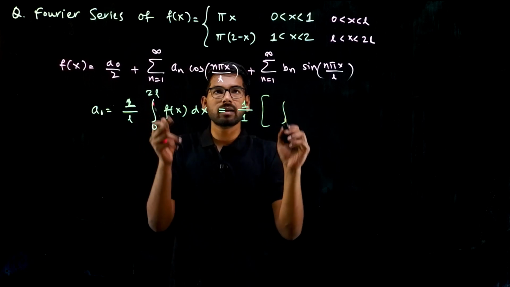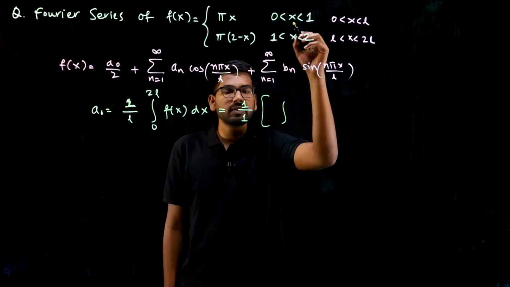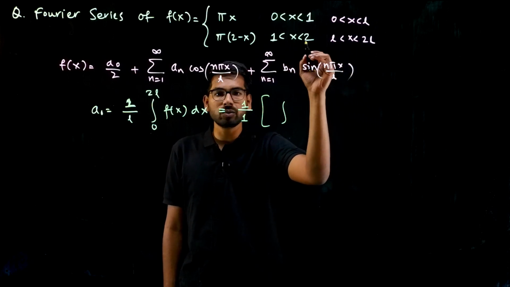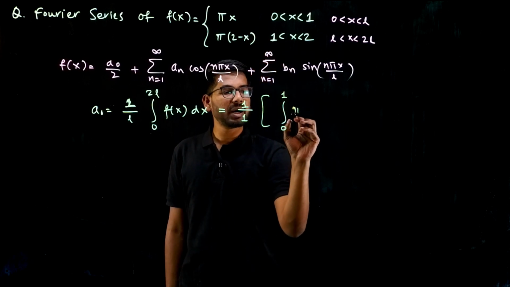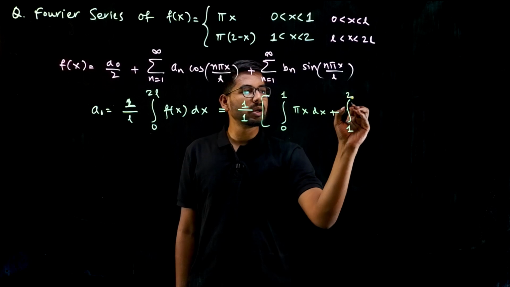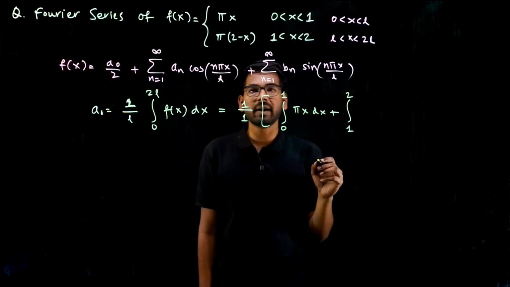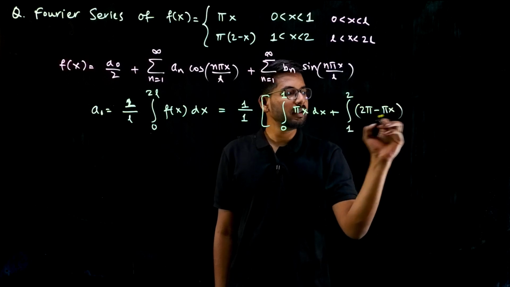The integration from 0 to 2L is split into two intervals, since f(x) is defined in two intervals between 0 to 2L, which is 2. So from 0 to 1, f(x) is pi x dx, plus from 1 to 2, f(x) is pi into (2 minus x), or 2 pi minus pi x, dx.